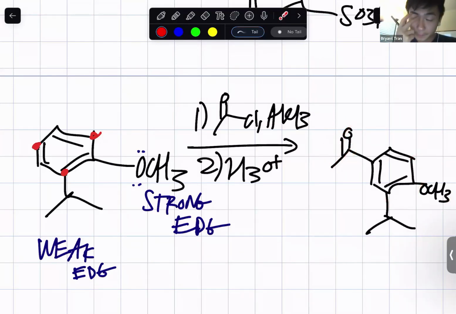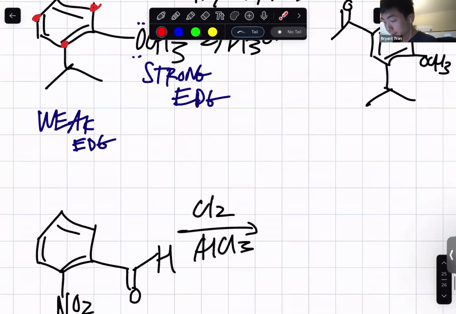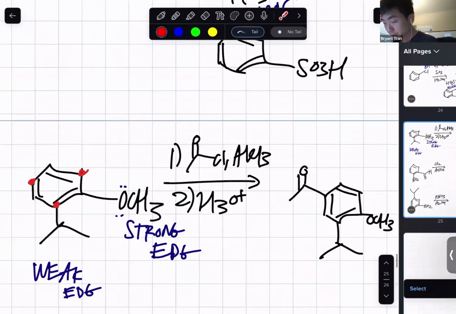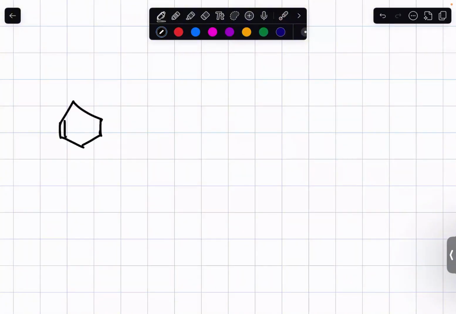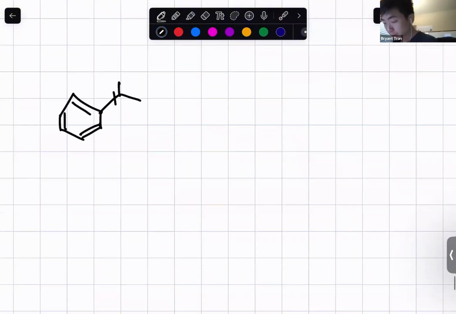Yes, Ashna? I just had a question. Between oxygen and nitrogen, if they're an EDG, they're both having a negative charge, would nitrogen be stronger? Nitrogen would be stronger. Correct. And that is because, let's say we are comparing this versus this.